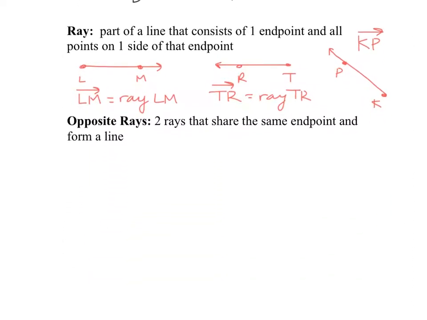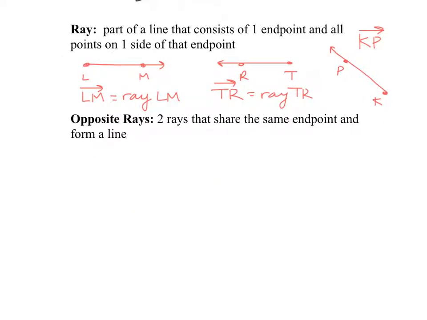Okay, then the last thing is opposite rays. And opposite rays are just 2 rays that share an endpoint, but nothing else about them overlaps. So if I have a segment here, or a line here, okay, basically what happens is if I take 3 points, so this is T, R, and S, okay?